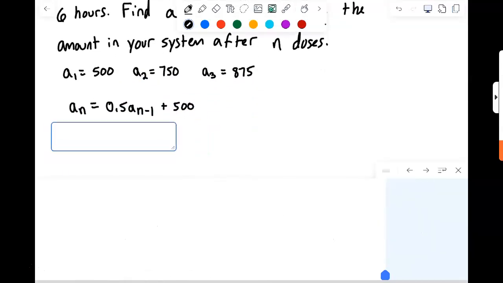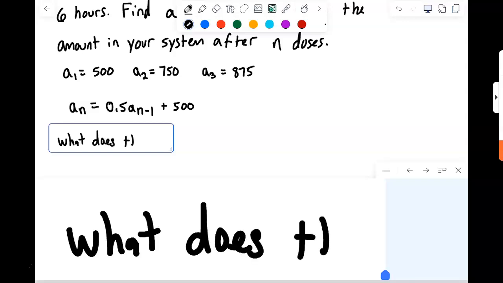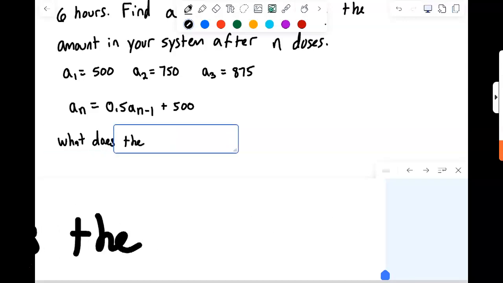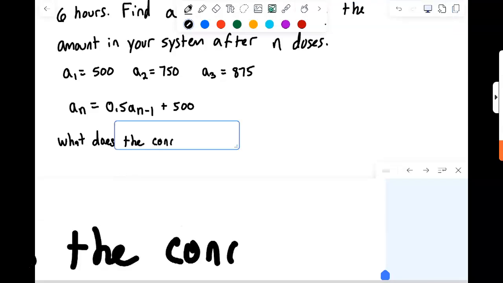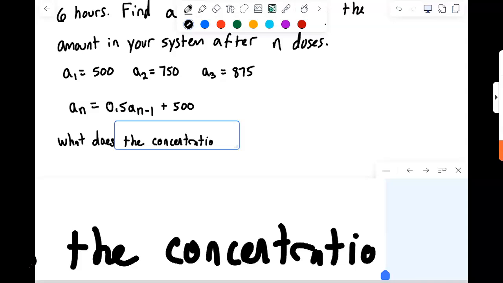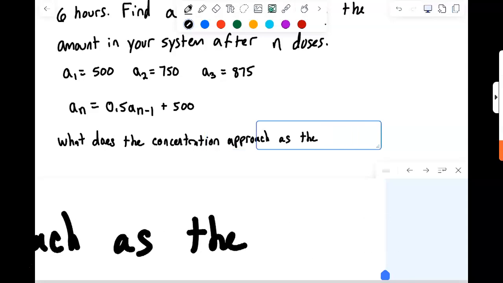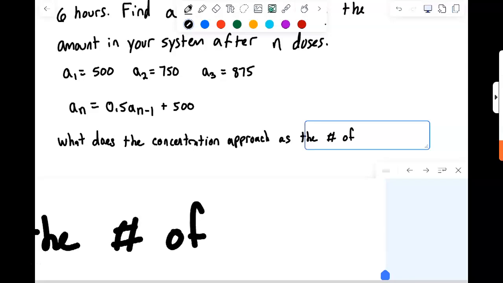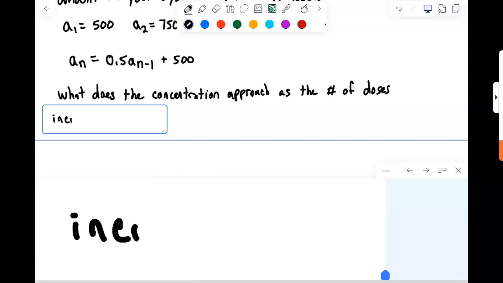Maybe you could write a few more and find that pattern. And if so, cool. Then you'd have a formula, and that would work fine as well. Okay. With this recurrence relation now, we want to ask this question. What does the concentration approach as the number of doses increases?